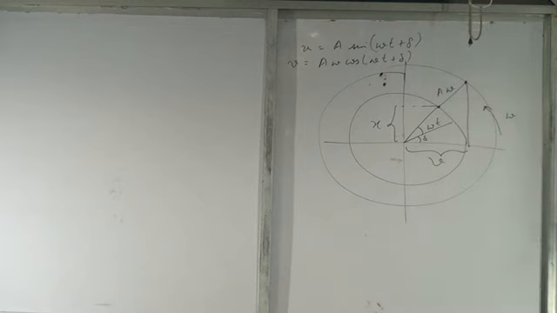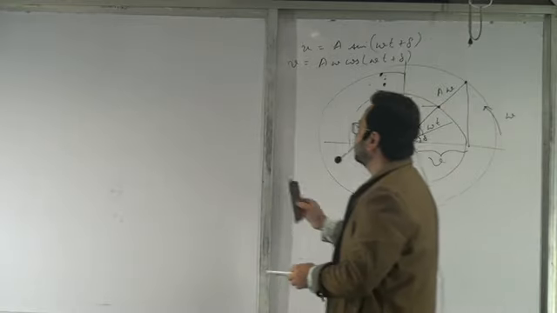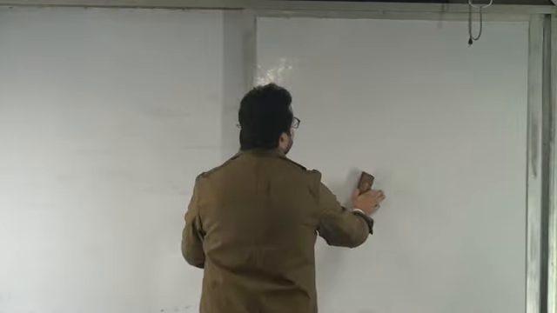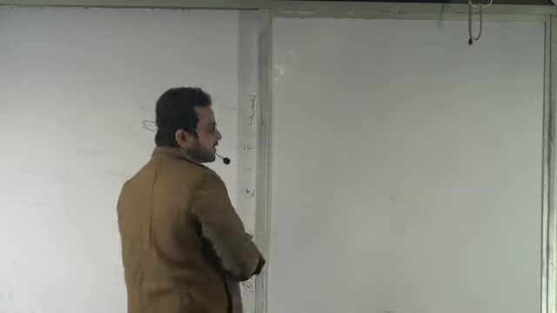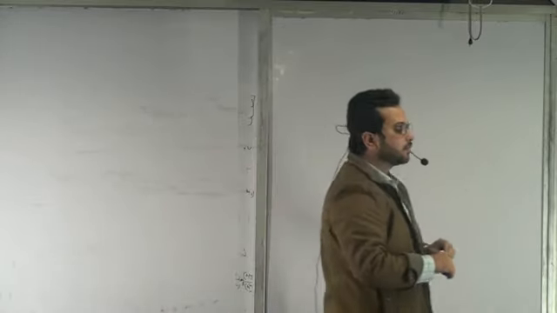First question: part A, when does the particle first come to rest? Part B, when does it first have zero acceleration? And part C, when does it first have maximum speed?